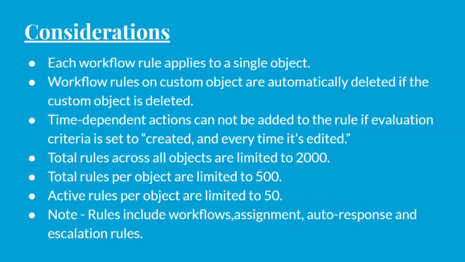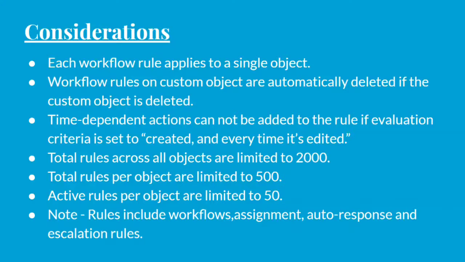On one object you can define 500 rules, including the workflow, assignment, auto response, and escalation rules. And active rules at any point of time on a particular object are limited to 50. So you may have defined 500 rules per object, but you can only activate 50 rules per object. These are some of the considerations we have to take care of while creating a workflow rule.